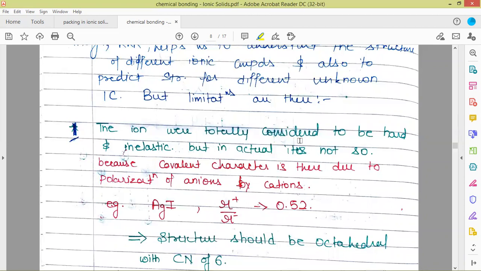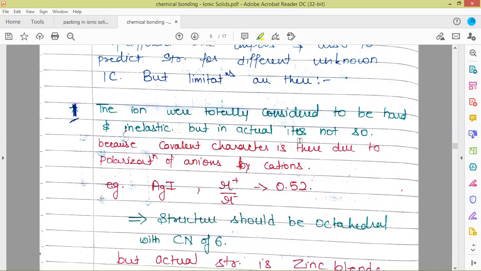So in actual, the spheres are elastic in nature. They are compressible. The size of the cations or the anions is not fixed. They are changeable, based upon the nature of their partner ion. The size varies. This we'll discuss in a bit. But actually, these spheres are elastic in nature.